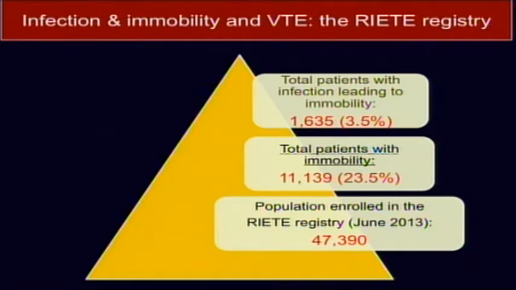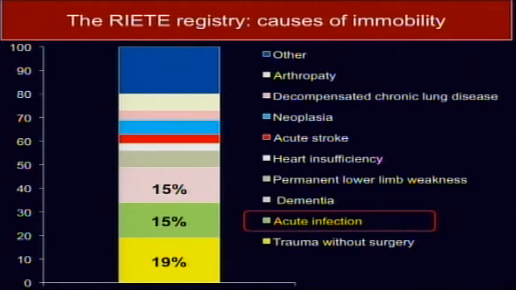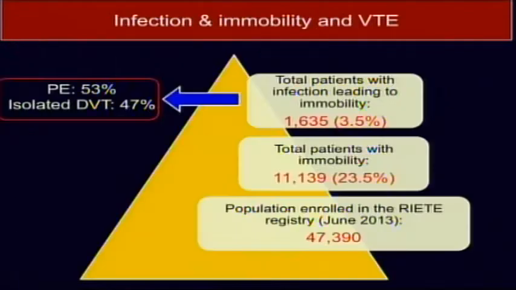So it would be nice to see what actually happened in these patients. When we look at the risk factors for venous thromboembolism, we know some of them, and we know that trauma is a well-known risk factor for pulmonary embolism. But it was surprising to see in this particular study that acute infection is immediately the second, accounting for 15% of the cases.